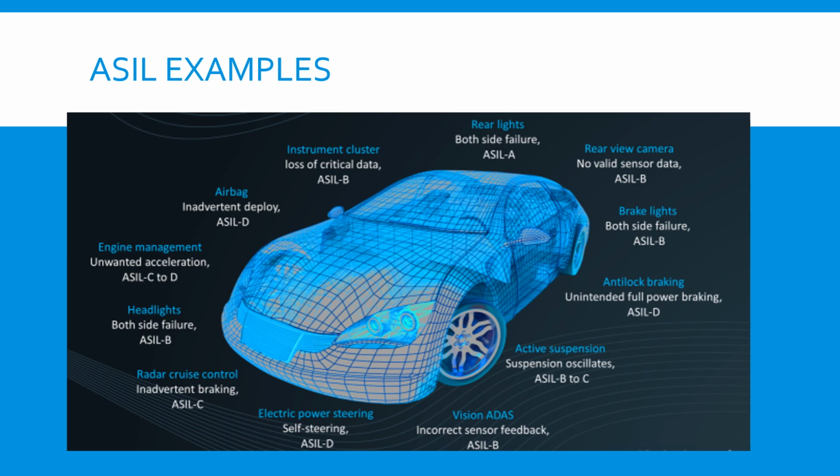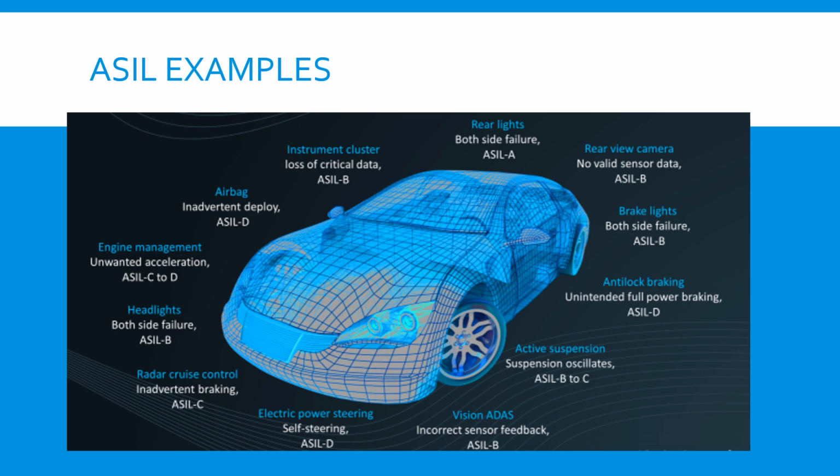Before, we discussed what is QM, what is A, B, C, D. These combinations we have looked at in the matrix. Here are the different subsystems which are involved in an automotive vehicle. For me, a car is a system of systems.